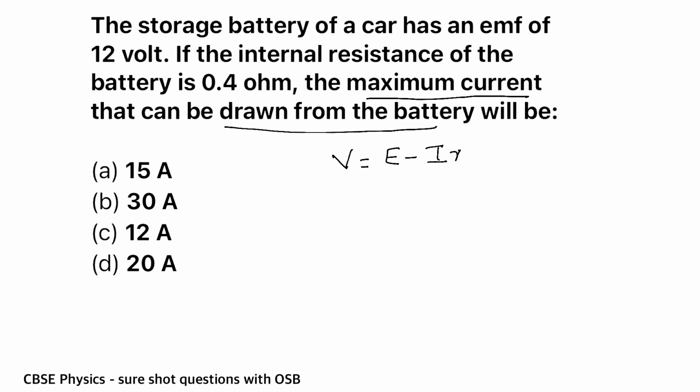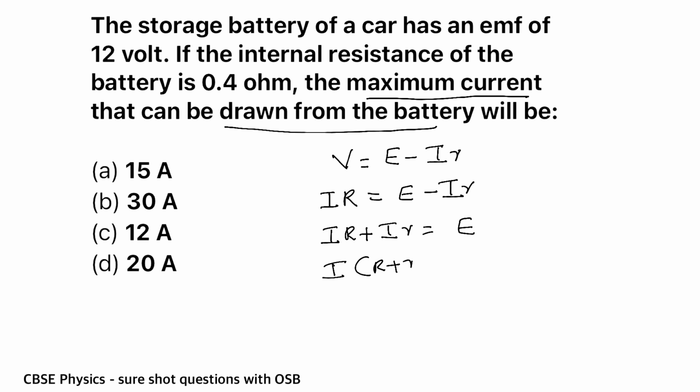We are supposed to find current, so instead of voltage I write IR according to Ohm's law. So IR is E minus Ir. Taking minus Ir to the LHS, IR plus Ir is equal to E, so I into R plus r is equal to E. So I is equal to E by R plus r.